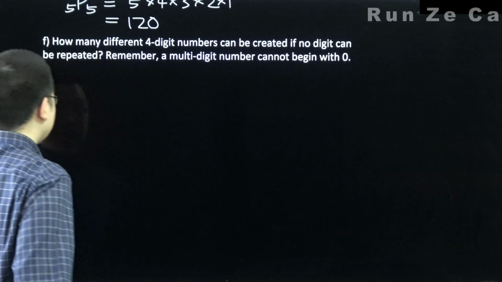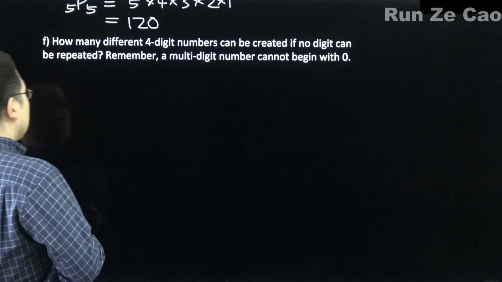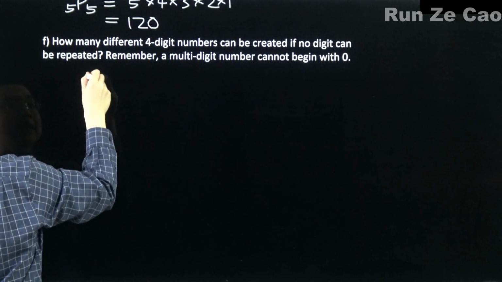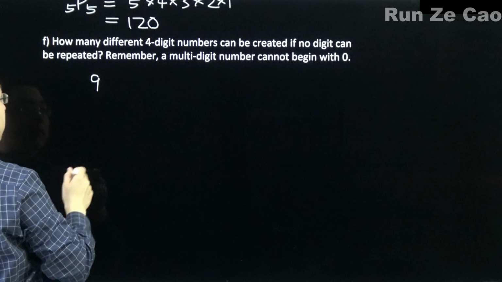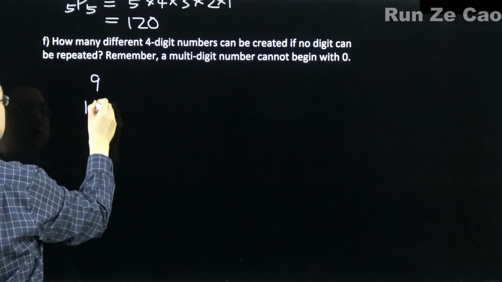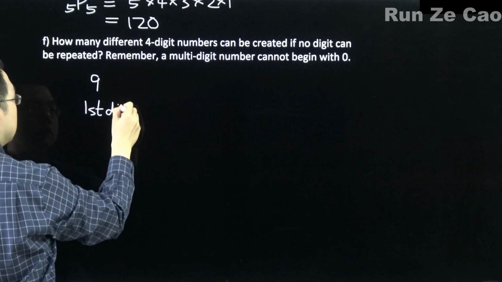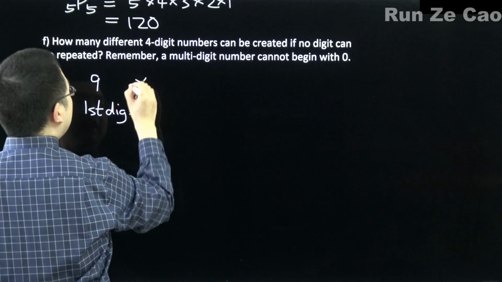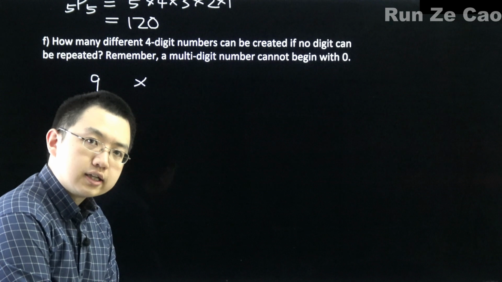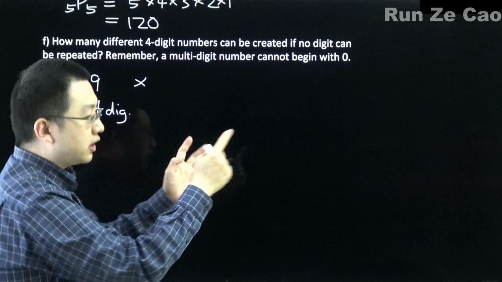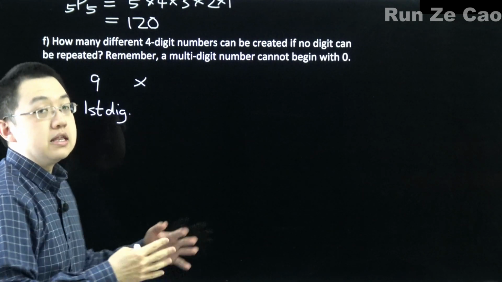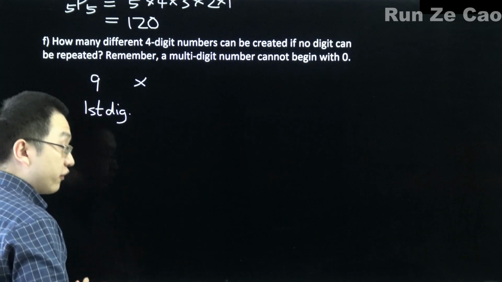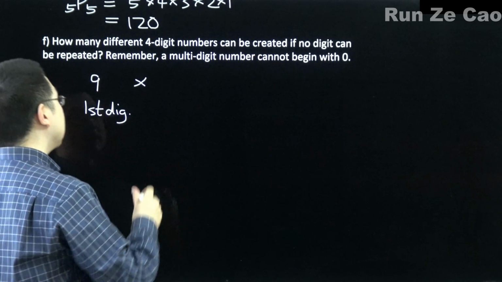That means for the first digit, you can have 9 choices. And multiplied by, what about your second digit? Well, from 0 to 9 is 10 different numbers that you could use, but you already used one for your first digit, so you have 9 left.